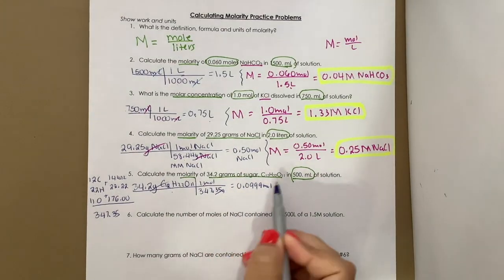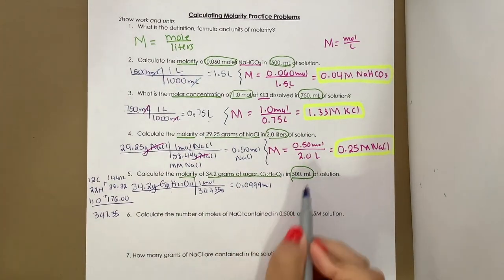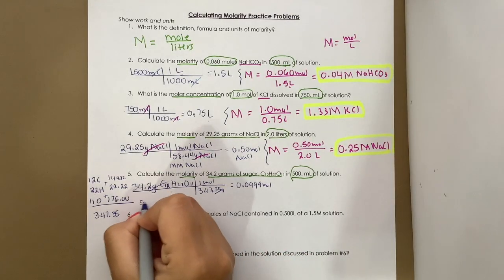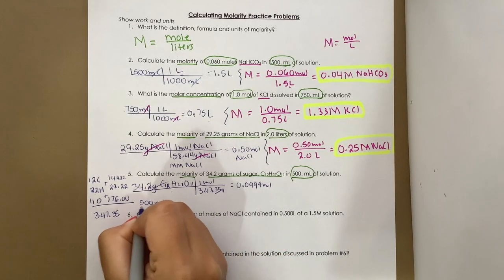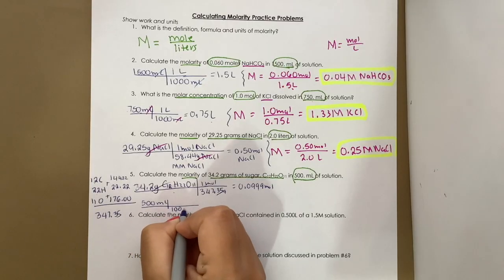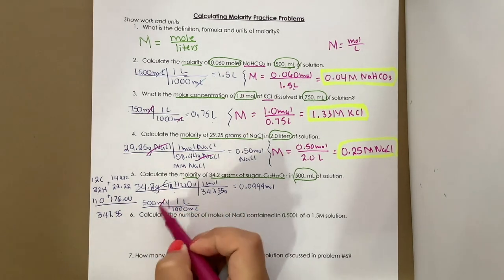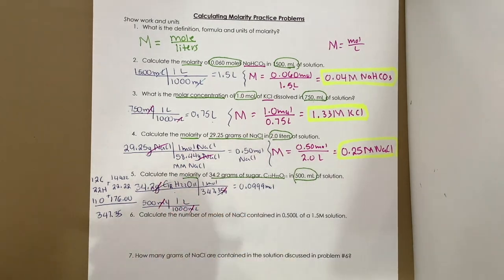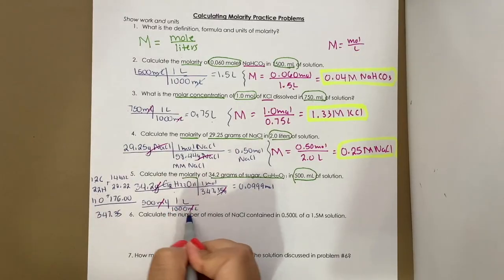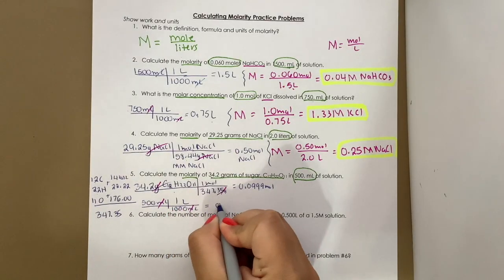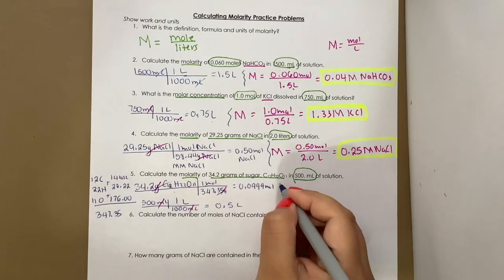So now that we got the moles of sugar, now we need to convert 500 milliliters into liters by dividing it by 1,000 milliliters in 1 liter. The milliliters go away, just like the grams went away. I divide 500 divided by 1,000, I get 0.5 liters.